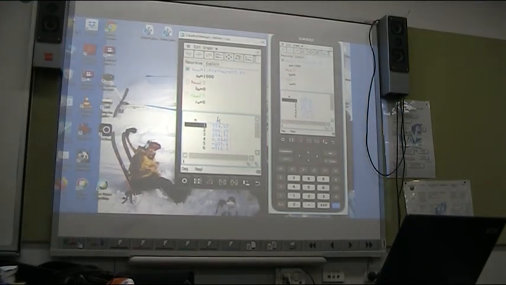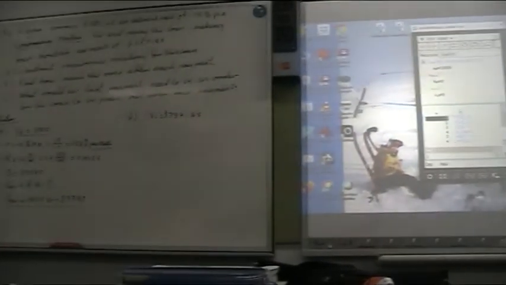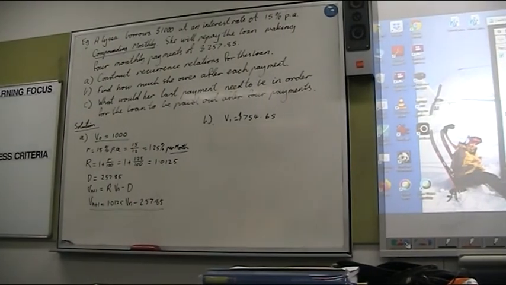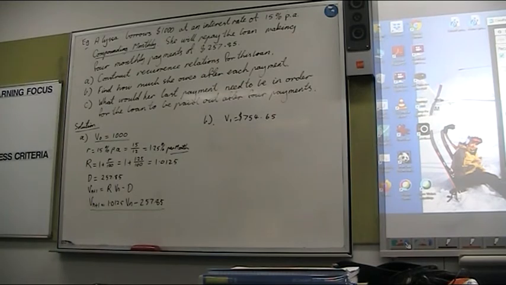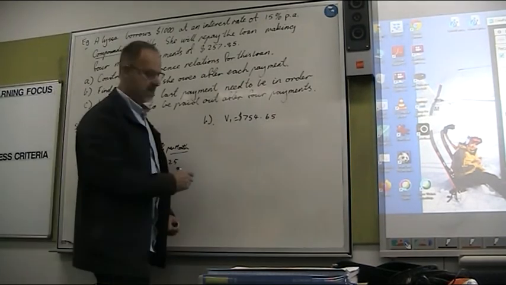So after month number 1, she's got $754.65. Don't forget also to put in your dollar signs, because we're talking about dollars and cents here.